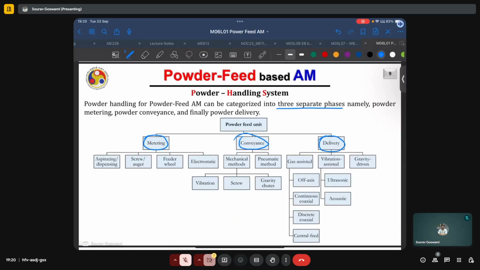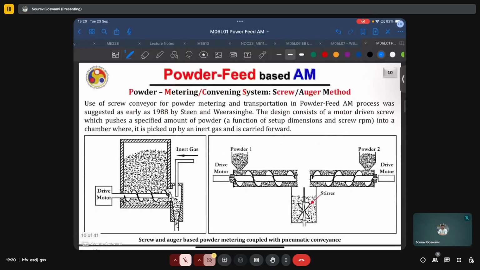Conveyance can be achieved either by mechanical or pneumatic means, and among the mechanical methods we have the use of vibration, screw, and gravity chutes, which are well reported. And the delivery of this metal powder can be gas assisted, vibration assisted, or simply gravity driven.